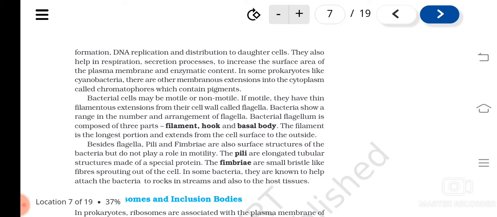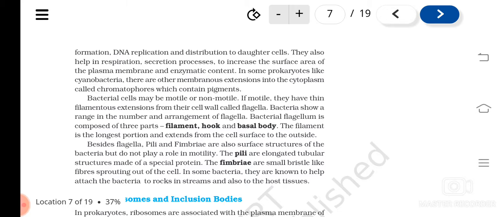The structure that helps in movement is the flagella. Flagella has various parts like filament, hook and basal body. Then pili and fimbriae are special structures, also extensions of the body. Understood? So about the outer part you understood now.